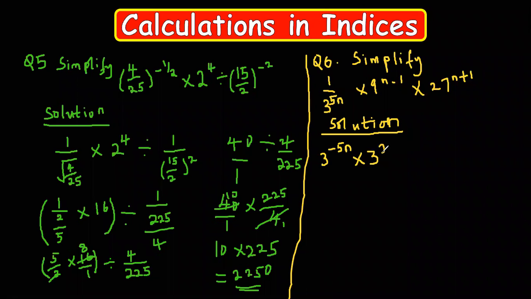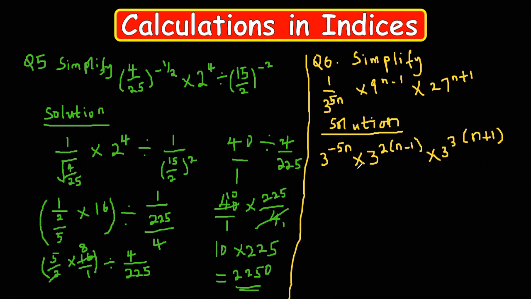So 2 brackets n minus 1 close the brackets, and then this is going to be 3 raised to the power of 3 bracket n plus 1 close the brackets. So we have changed everything to the same base.